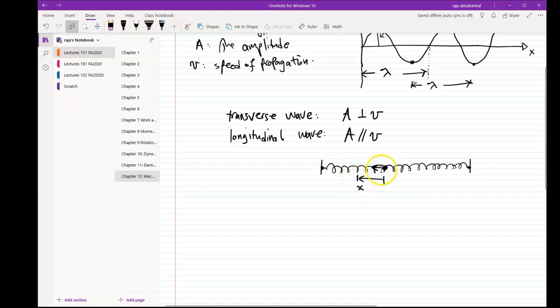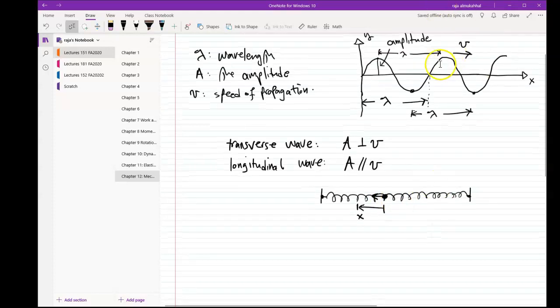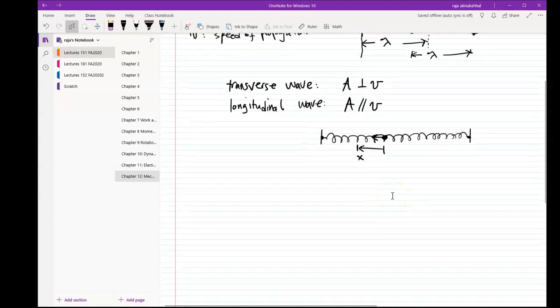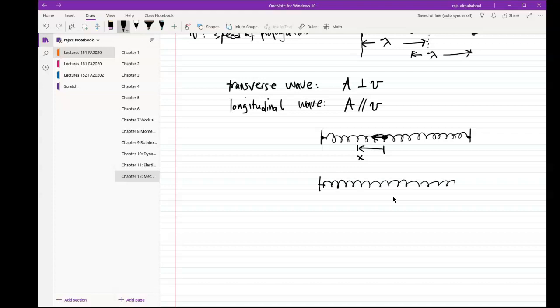So what will happen to the slinky? It will start oscillating as a wave, but not like the transverse wave, like an ocean wave or something. It will oscillate left and right like that. As a matter of fact, let me draw it again, just to give you a better picture. It will be oscillating left and right in such a way that you will see certain points where there will be a compression and then an expansion.